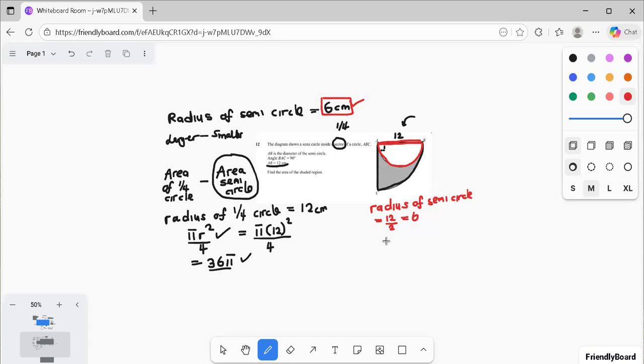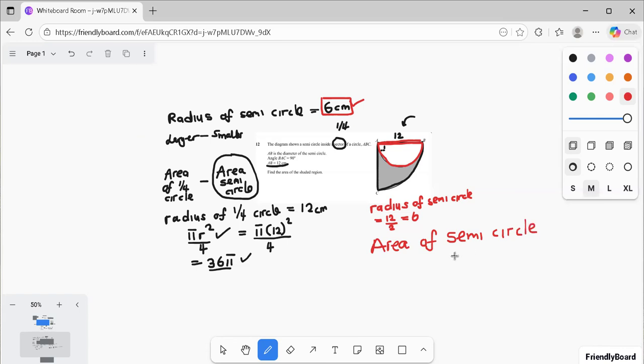my radius, now I need to find the area of the semicircle. So I can just write here, area of semicircle. So what does semi mean to you? Semi means half, isn't it? If something is semi, it means it's half of the full, right?